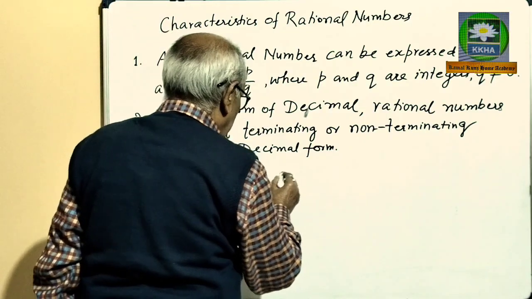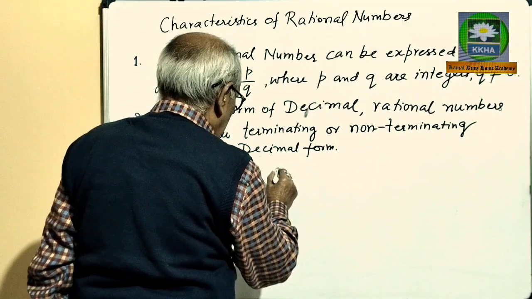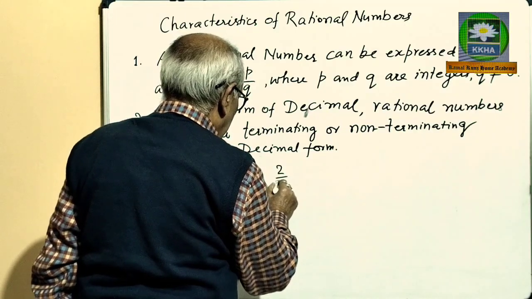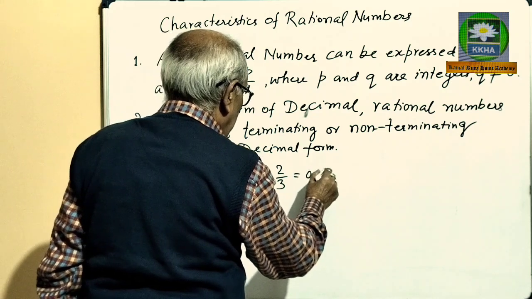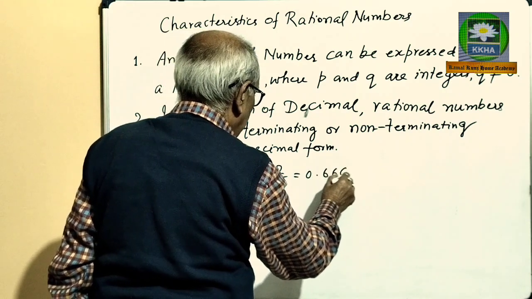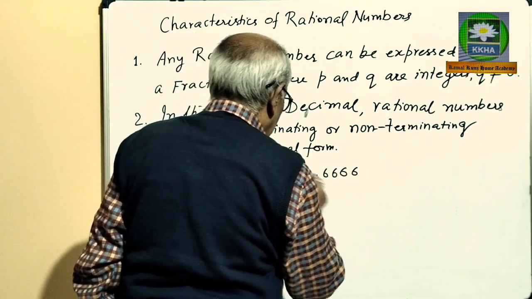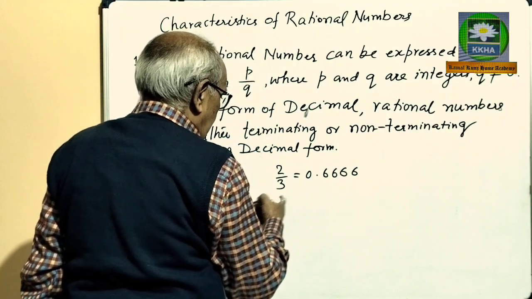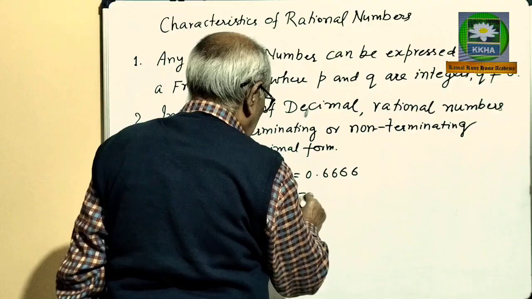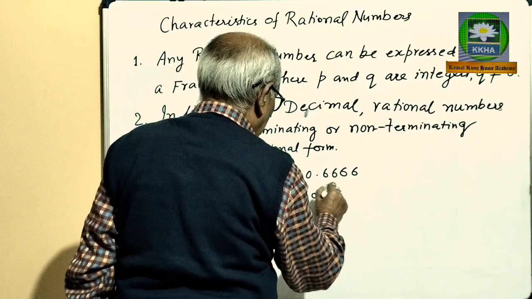For example, 2/3 is equal to 0.666..., written as 0.6 with a bar.